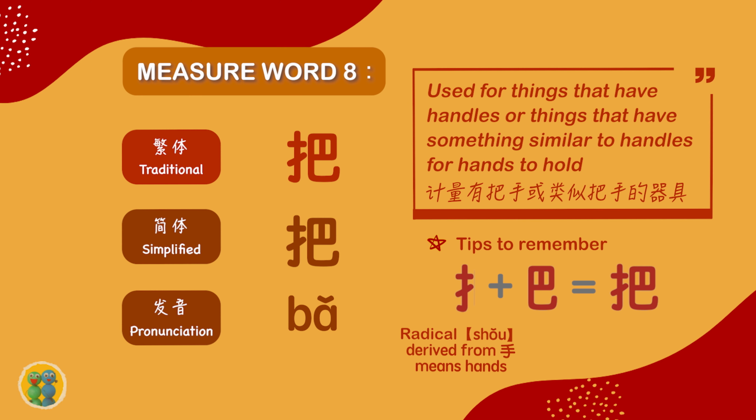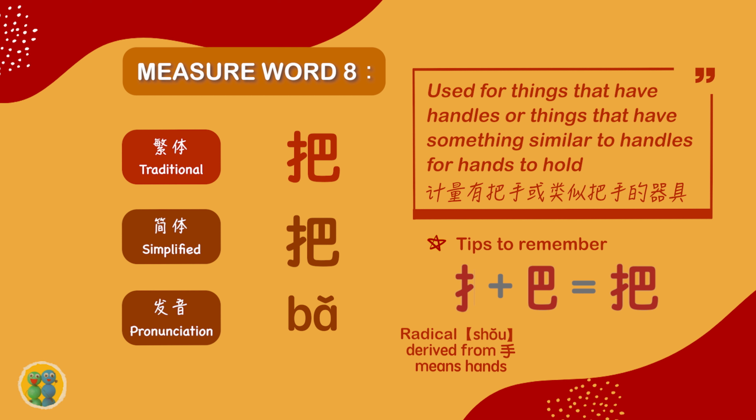The eighth measure word is 把. 把 is used for things that have handles, or things that have something similar to handles for hands to hold. In general, we use this measure word for knives, or things that can cut stuff. And there are tips to remember.